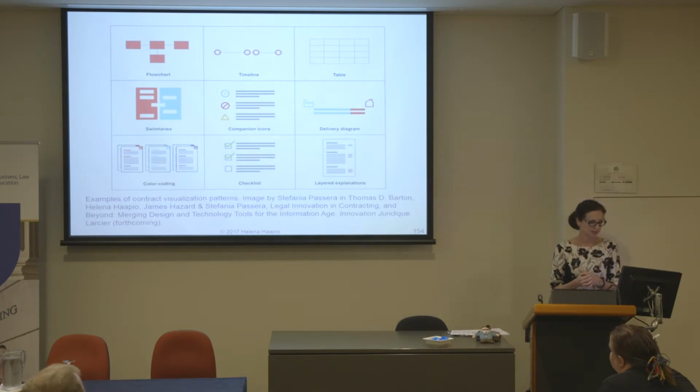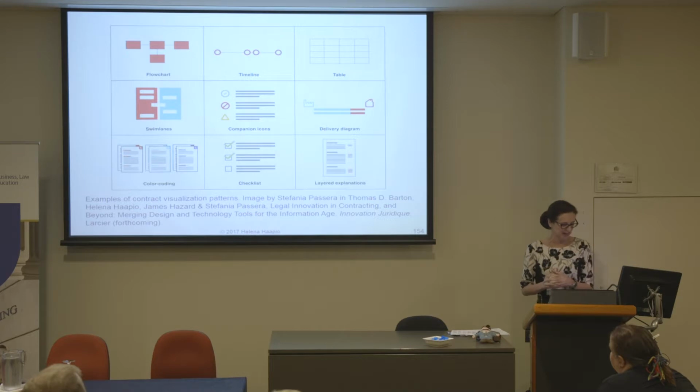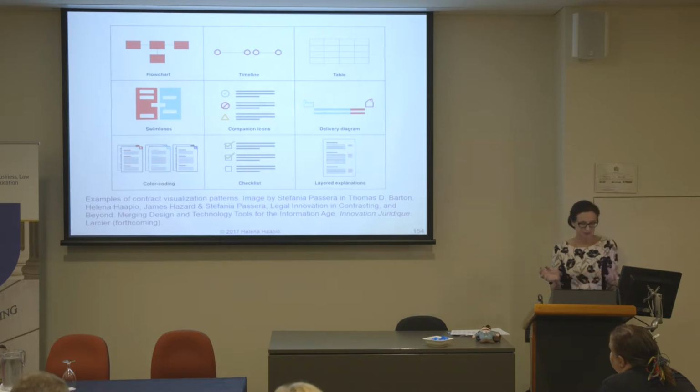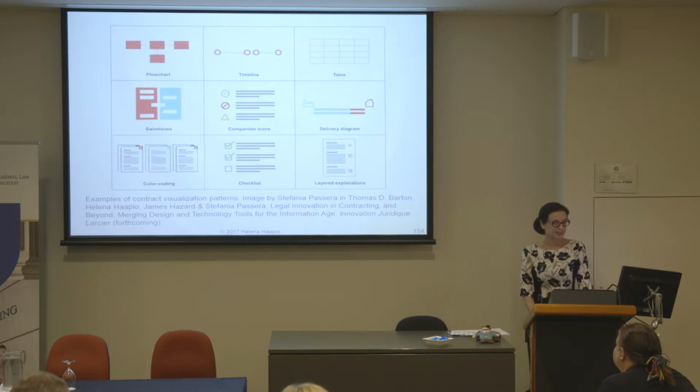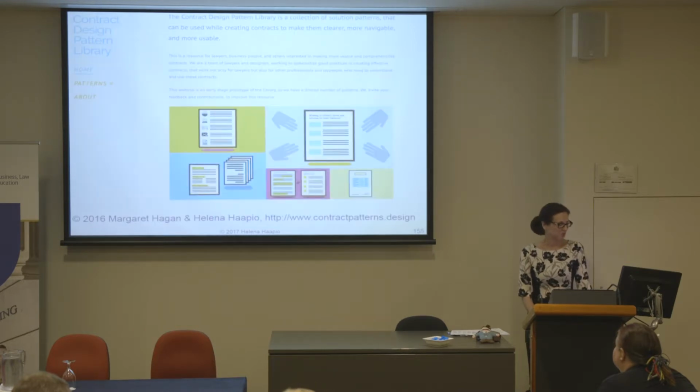Flowcharts, timelines, tables, swim lanes, icons, delivery diagrams, color coding, checklists, layering. Tools that I'm sure designers and some of us use intuitively, but also we can collect examples, and we have.